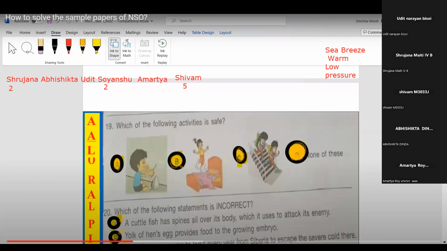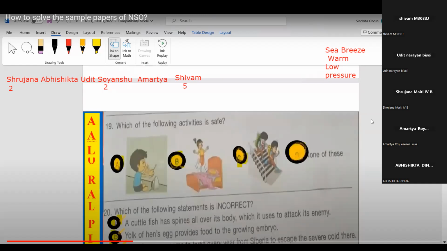If there is cold breeze and high density, there will be high pressure, and warm and low density, there will be low pressure. No, if the air is warm, it will be low pressure, and if the air is cold, it will be high pressure. I was telling that only. Okay, Shivam. Udit, is it clear to you? Unmute yourself and tell me better. No, ma'am.